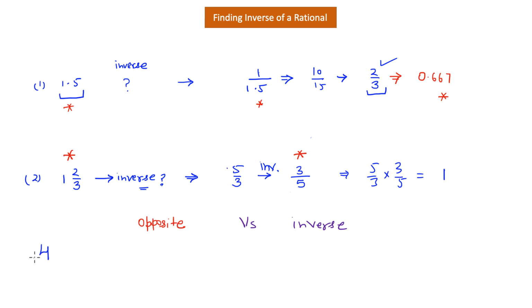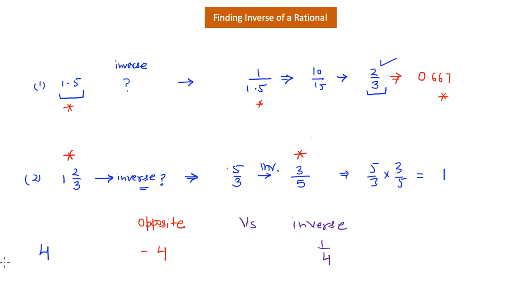The opposite of 4 is what? It is negative 4. Opposite means you change the sign, right? But when you're finding the inverse of 4, it will be 1 over 4, right? You are keeping the sign of the number intact. You are simply inverting that number so that the multiplication with the original number becomes equal to 1, right?